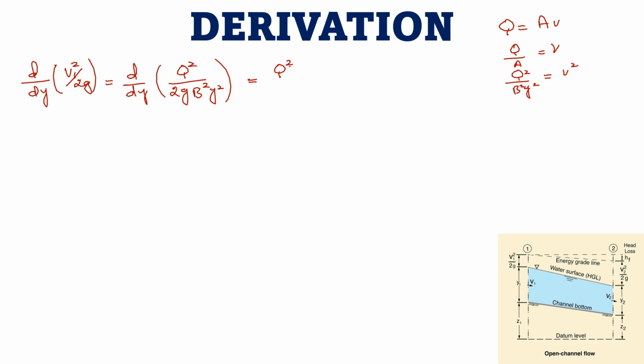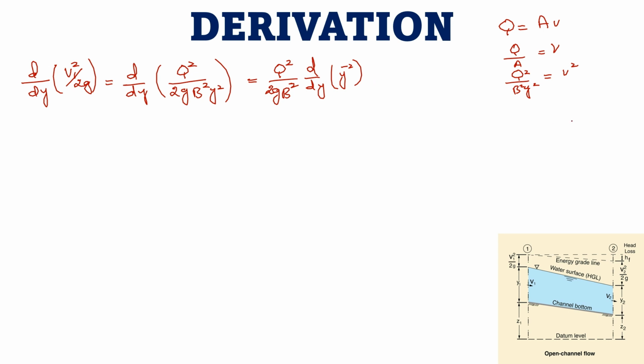So we'll write them as they are, 2gB square, and we will take the derivative of y raised to power minus 2, because in denominator it is y square, but when it is taken to the upper side or in numerator, it will become minus 2.